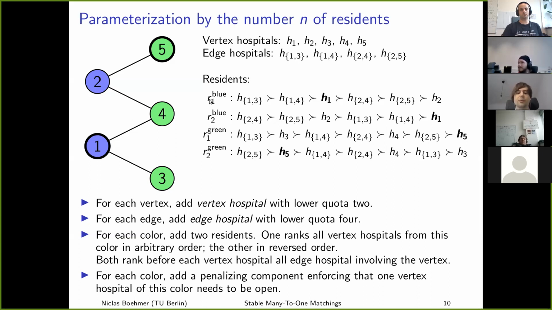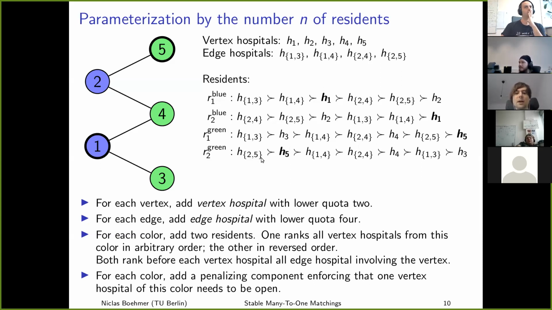So for the first blue one and the second blue one, the only hospitals both of them prefer to H1 are H1,3 and H1,4, the edge hospitals corresponding to the edges incident to vertex 1. And similarly, for the green color, the only hospital both residents prefer to H5 is the edge hospital H25. Yeah, because here you can see it.